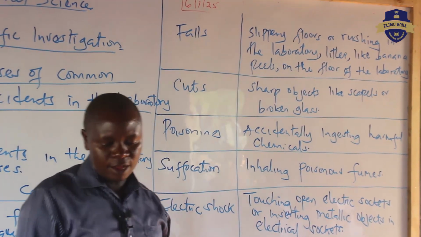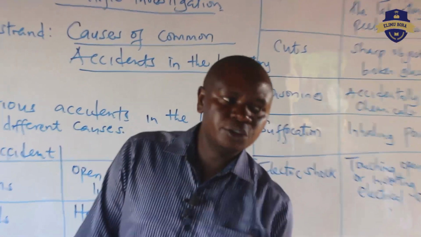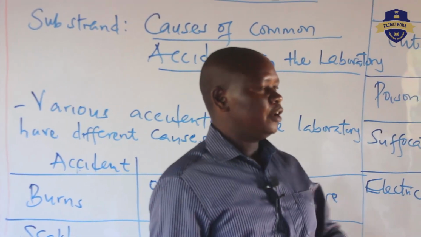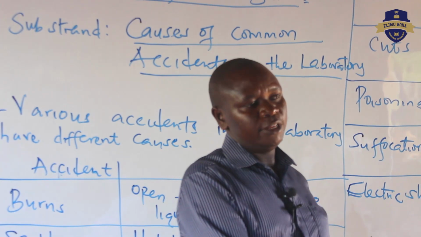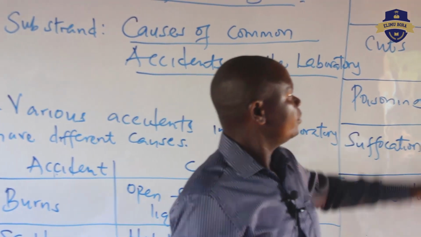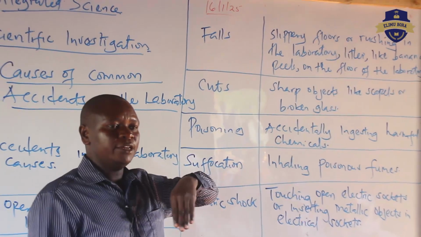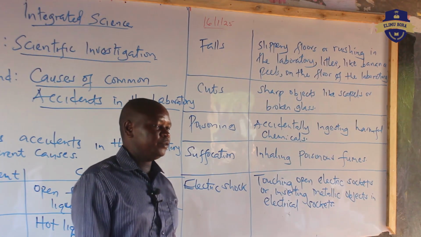We are having an experiment and you are being told by your science teacher to go to the laboratory. Instead of moving into the laboratory in a quiet manner, you run. You are likely to fall. Are we together?